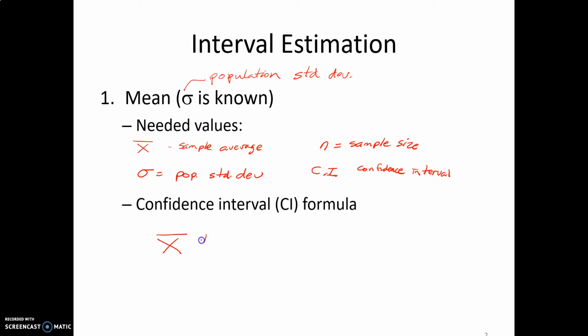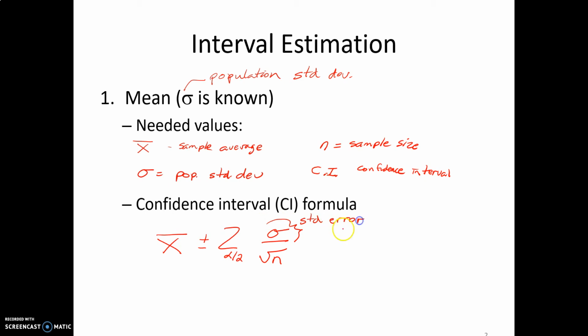sample mean, x bar, plus or minus this z value, which is based on a symbol called alpha, and then the population standard deviation over the square root of n. So this part here refers to the standard error.